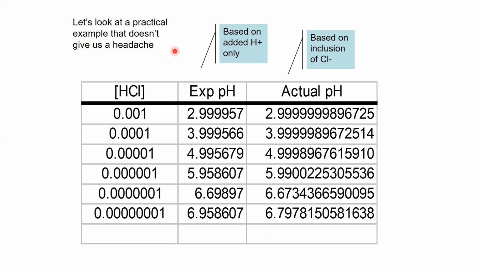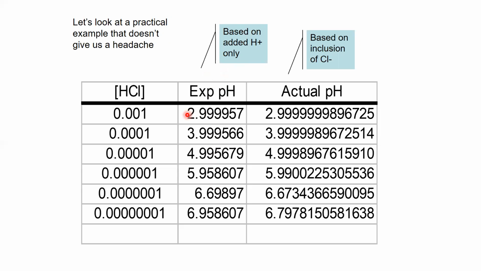Okay, so I say this is a practical example. It's not, it's just an Excel spreadsheet. But here is the concentration of HCl in moles. It's a molar concentration. And using our freshman chemistry, calculating the new pH based on the H plus concentration alone, this is the pH we would expect.